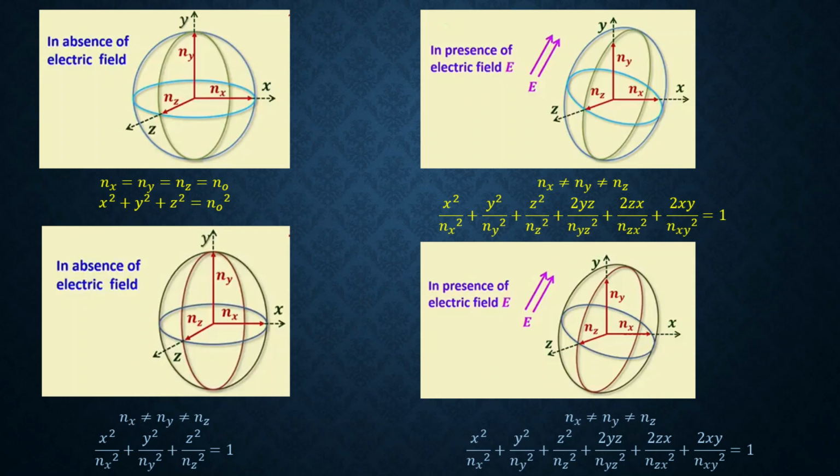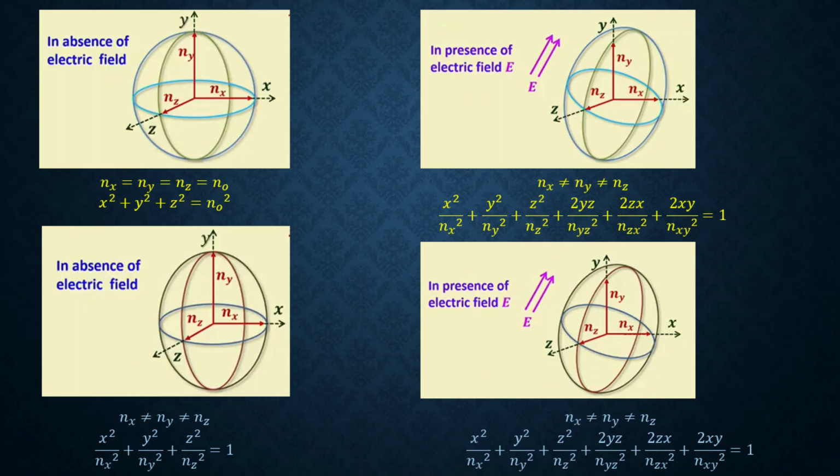So we can have the general ellipsoid, and the equation is given by x square by nx square plus y square by ny square plus z square by nz square plus 2yz by nyz square plus 2zx by nxz square plus 2xy by nxy square is equal to 1.